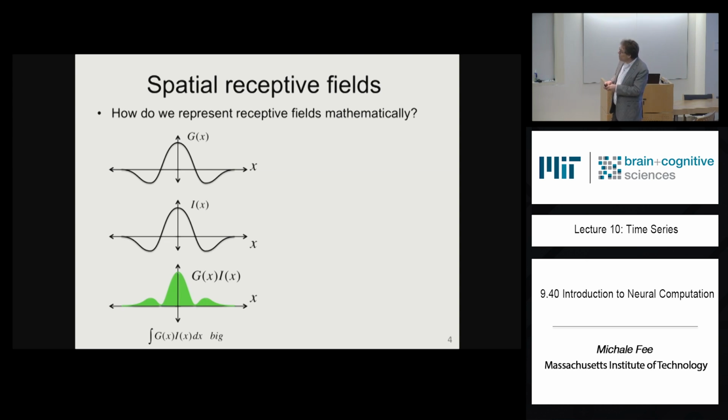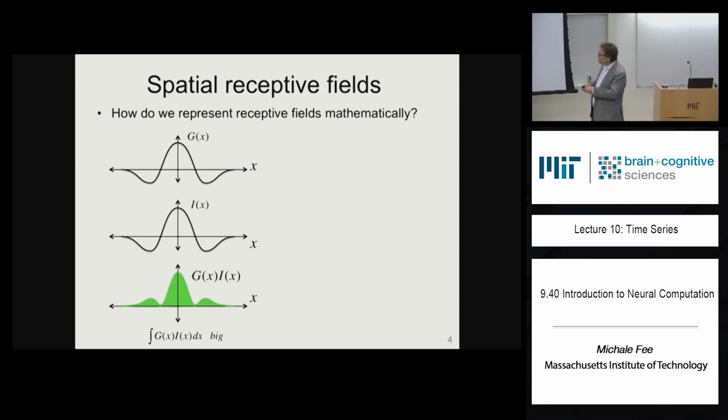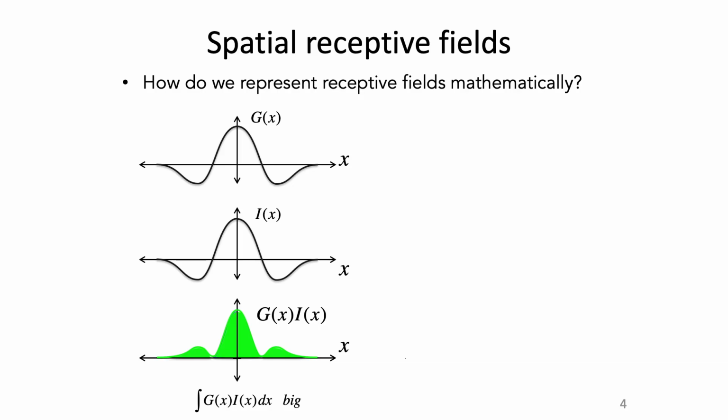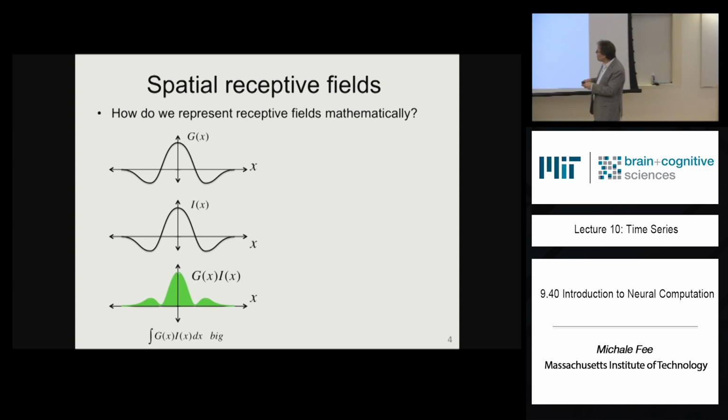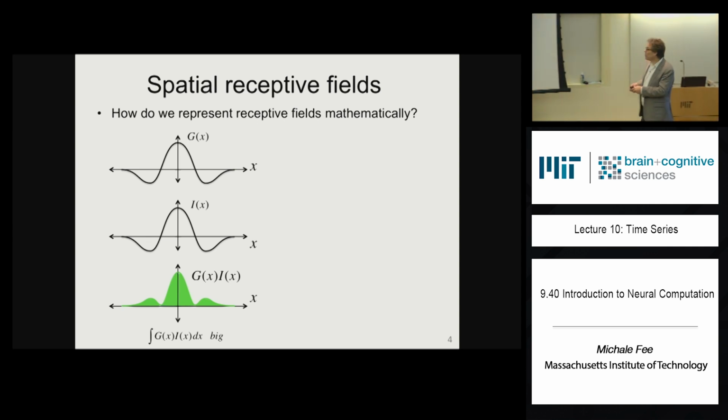So if the light pattern has a bright spot surrounded by dark flanking regions, then when we calculate this integral, what you find is that the positive parts in the positive receptive field times the positive intensity or brightness multiplies to give you a positive contribution to the neuronal response.